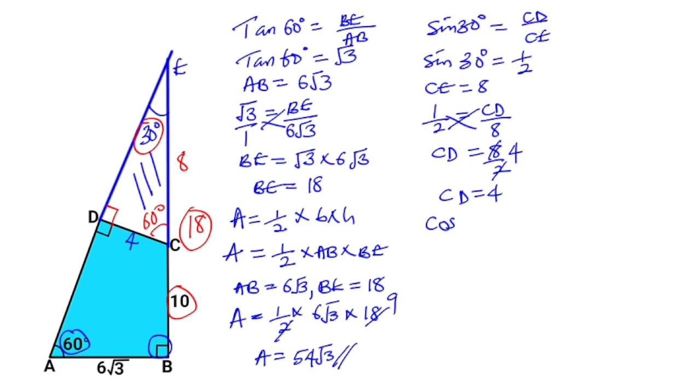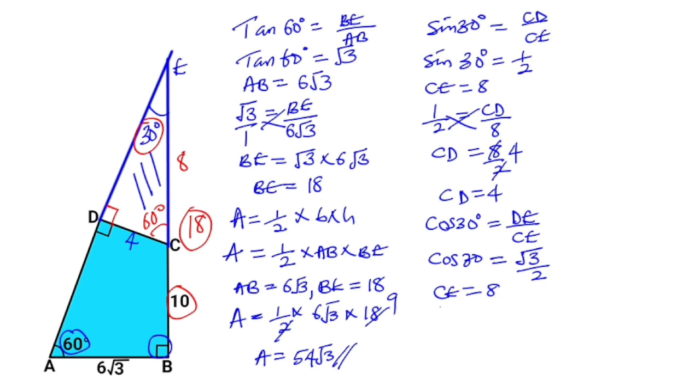Next, cosine of 30 degrees is equal to DE over CE. Cosine of 30 degrees is the square root of 3 over 2. And CE is equal to 8.